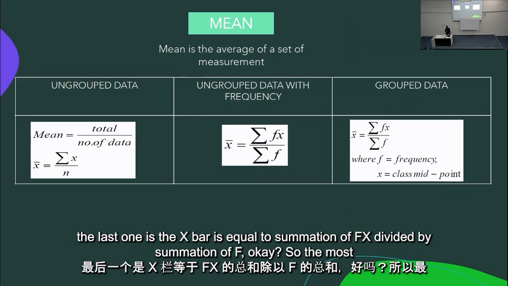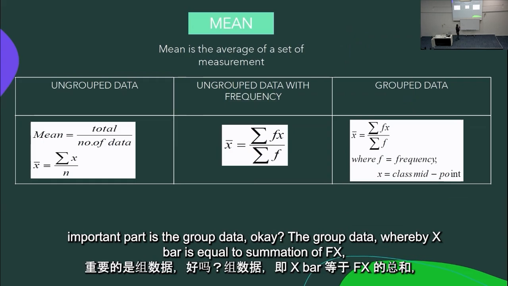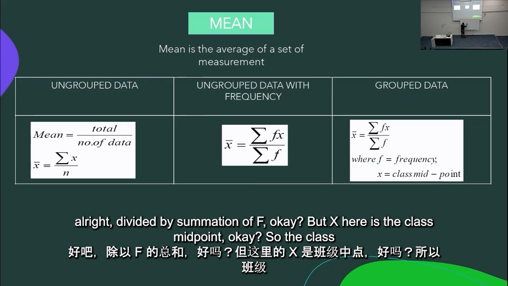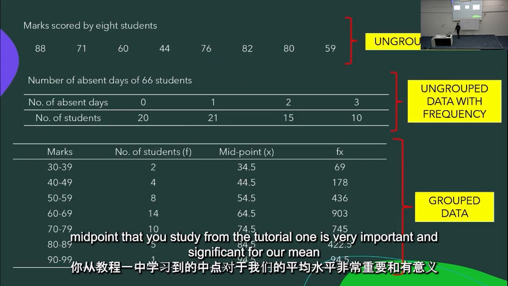And for grouped data, the most important part, X bar is equal to summation of fx divided by summation of f, but X here is the class midpoint. The class midpoint that you studied in tutorial 1 is very important and significant for our mean calculation.